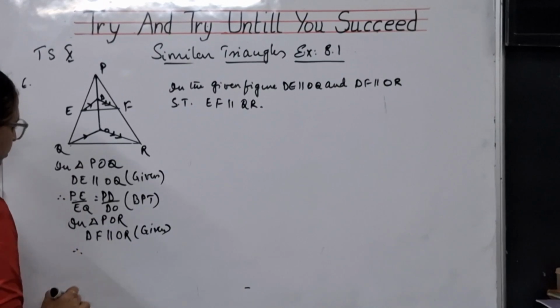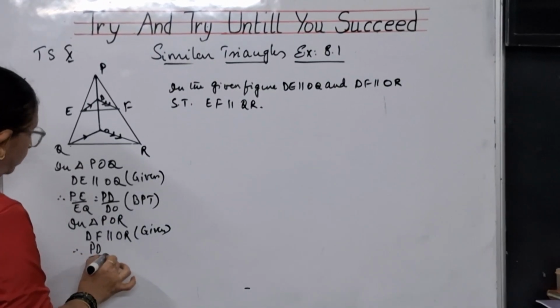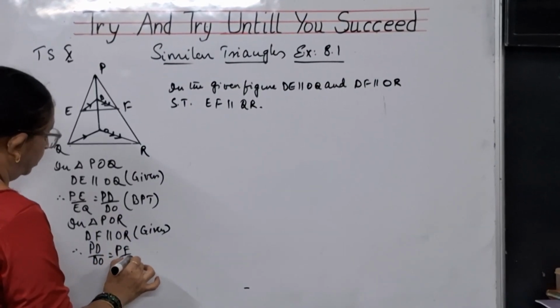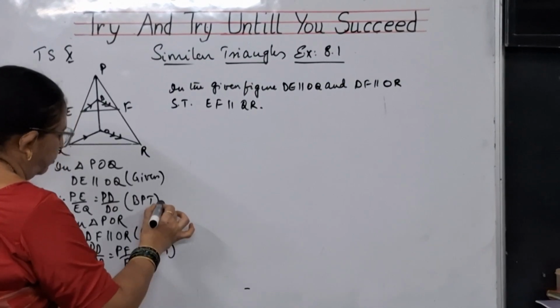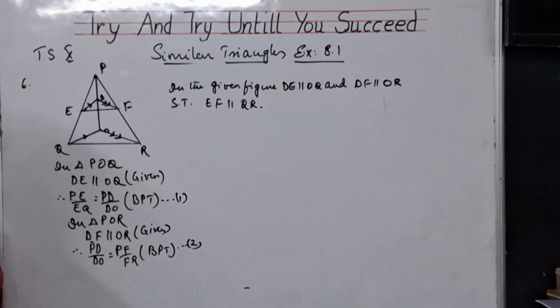Therefore, what can I say? PD by DO is equal to PF by FR basing on BPT. Let me take this as the first equation and this as the second equation.